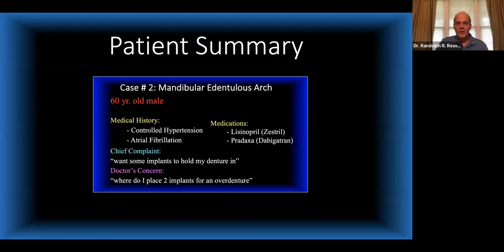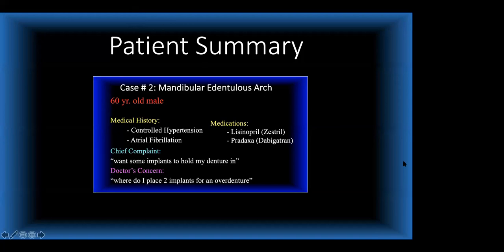We will first start with the patient summary. I will go over the medical and dental history and any medications the patient is on. I'll explain the chief complaint the patient has, and then what the doctor's concern is with this particular case.